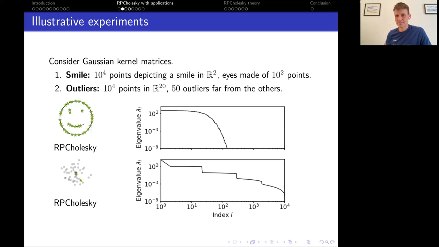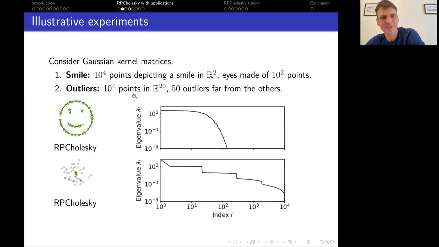Examples. Two Gaussian kernel matrices, one of which is a smiley face, made of 10,000 points in 2D space. The eyes are only made of 100 points. So here's the smiley face, and it has a couple eyes, and the eyes only make up 1% of the data. Little beady eyes. The outlier data, you have to stretch your imagination a little bit.